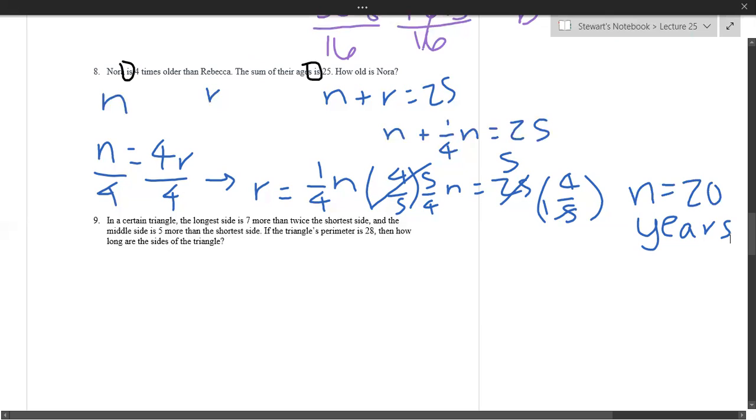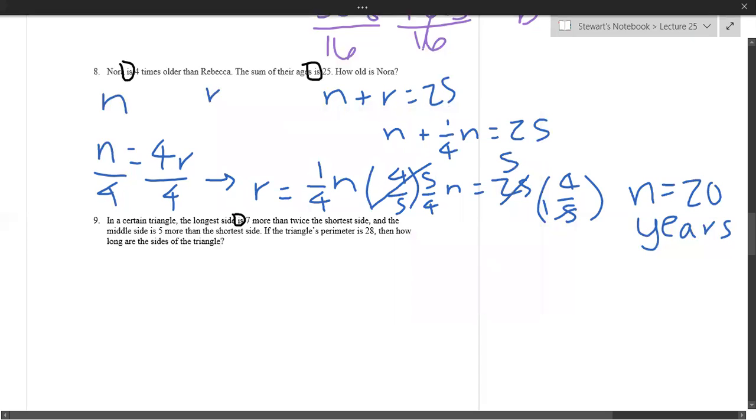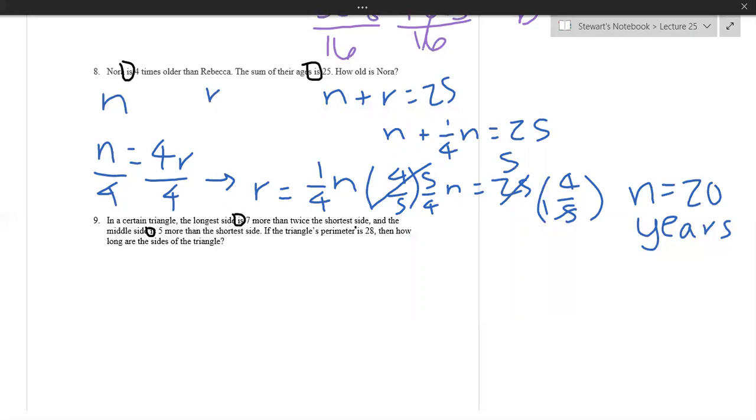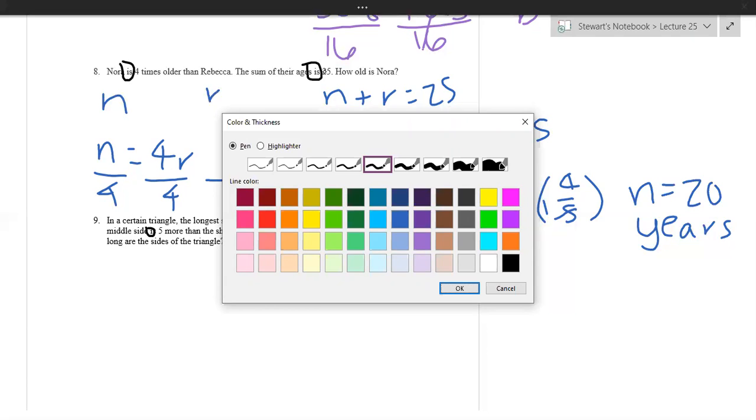Okay, so it looks like they're talking about the dimensions of the triangle based on the shortest side.